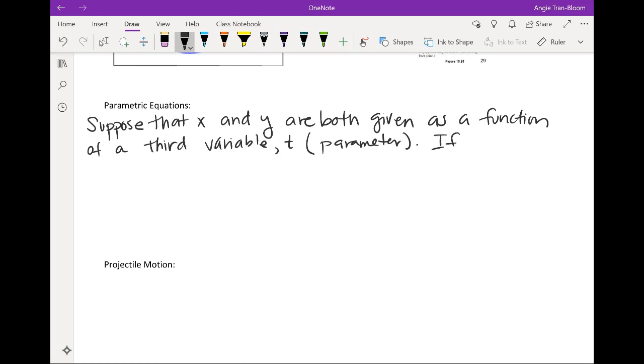If x equals f of t and y equals g of t, they are called parametric equations.